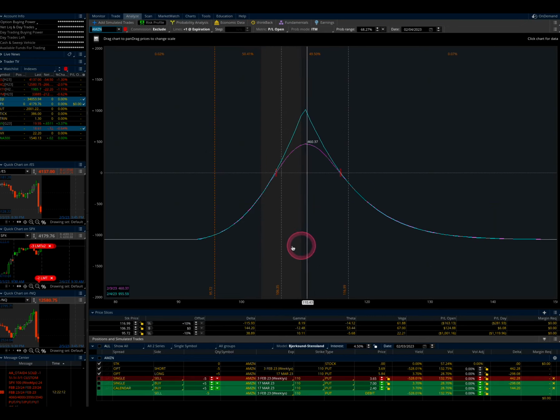Again, we can't trust the structure of this tent right now, but I have an order out there to take 2 Amazons off on the open as well. And we will see what happens in a few minutes as the market opens. I'll just pause here. We've got a little more than 5 minutes till the open. I'll come back just before the open.